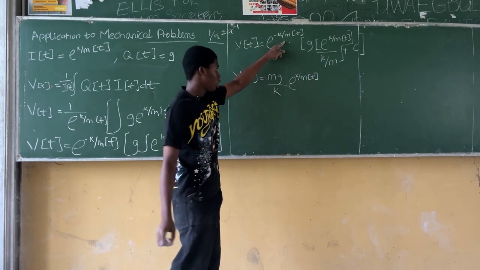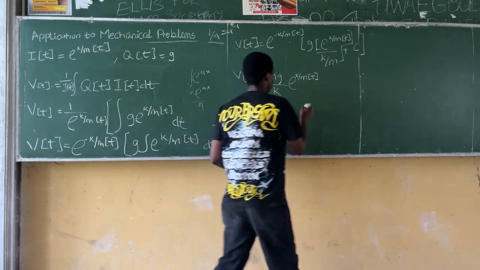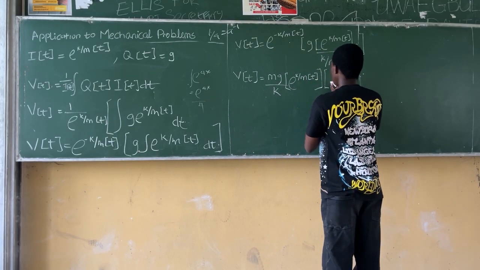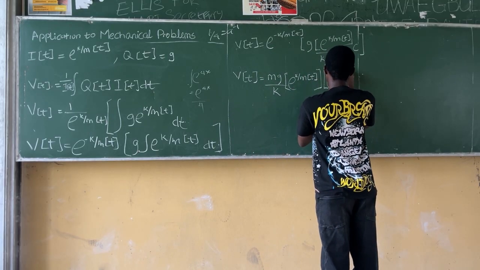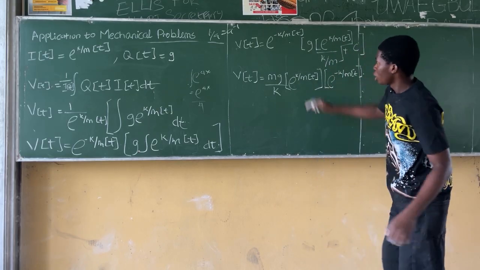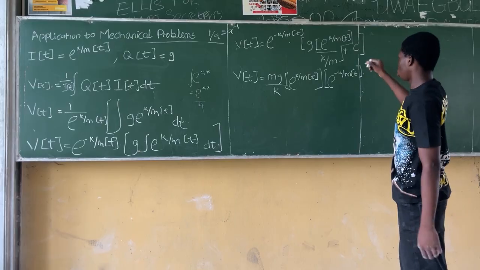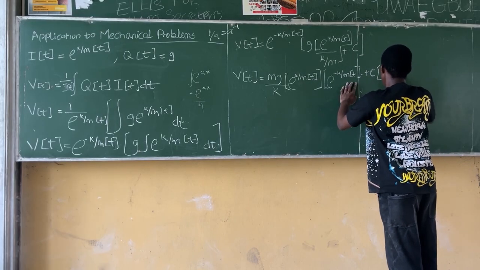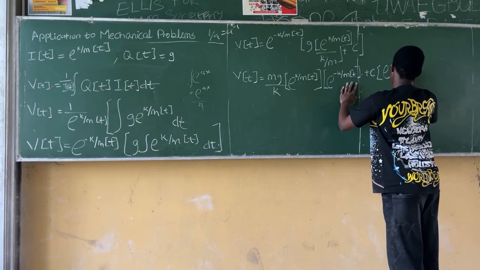You should not forget this also. So we have this e to the minus k over m t. Now, this also multiplies by this. So we're having plus c e to the minus k over m t.